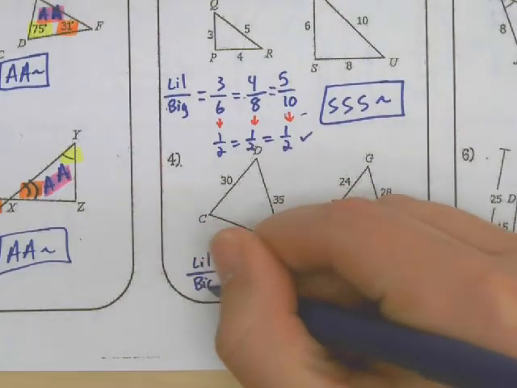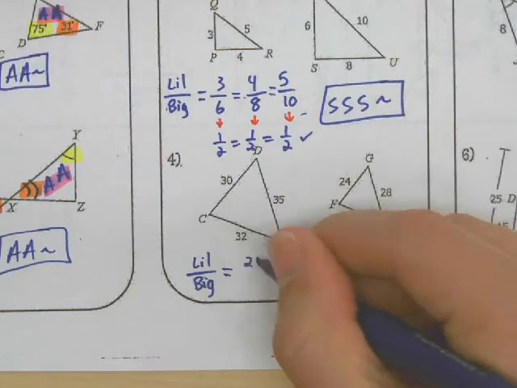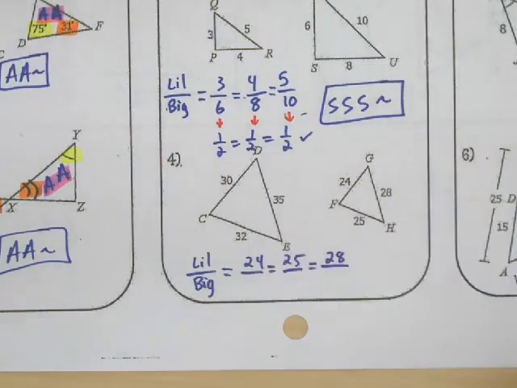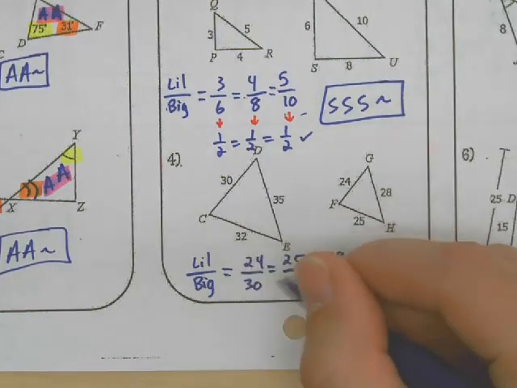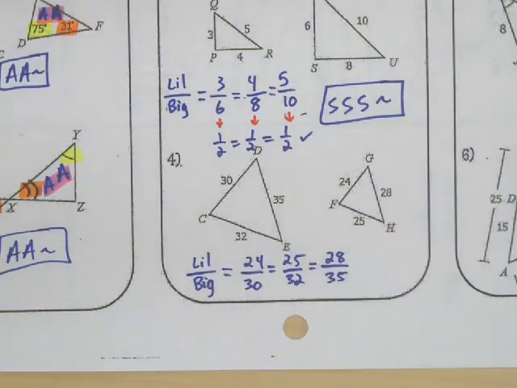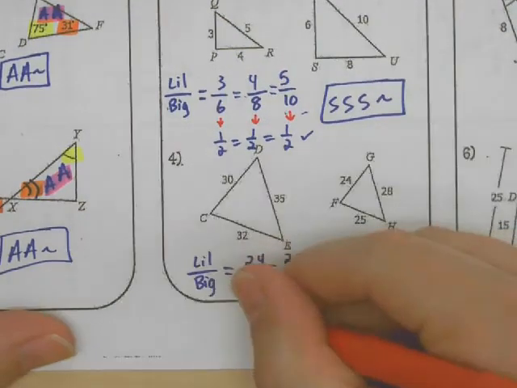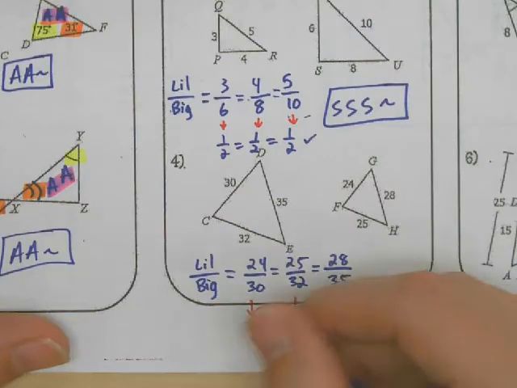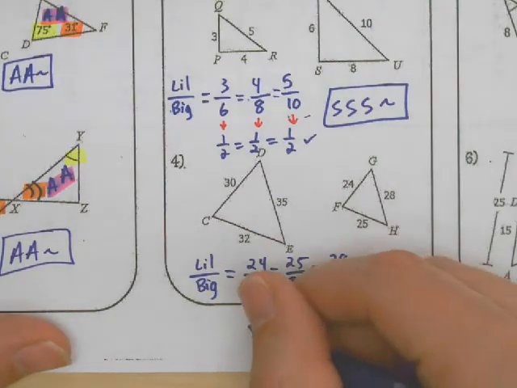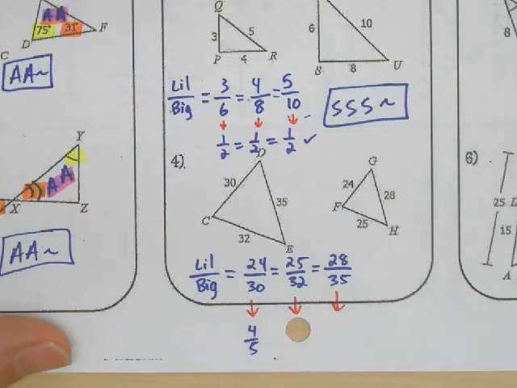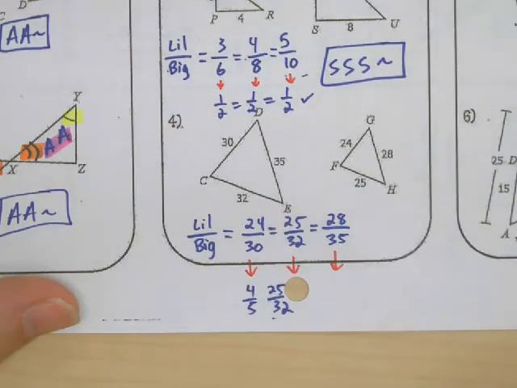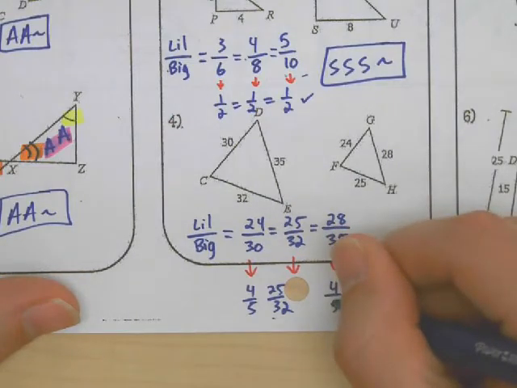I'm going to do little over big again. The sides from the little, least to greatest, 24, 25, 28. The sides from the big, 30, 32, 35. Now I'm going to reduce. 24/30 would be 4/5. 25 over 32, unfortunately, does not reduce. 28 over 35 is also 4/5.